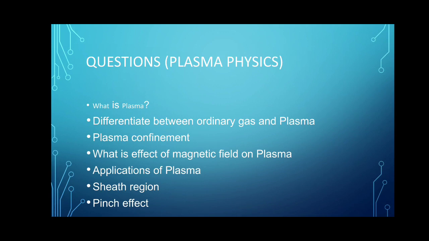So then they asked me, what do you mean by pinch effect? So actually pinch effect means that whenever we apply a magnetic field perpendicular to the plasma, then the plasma pinches towards the center, means it bends towards the center.